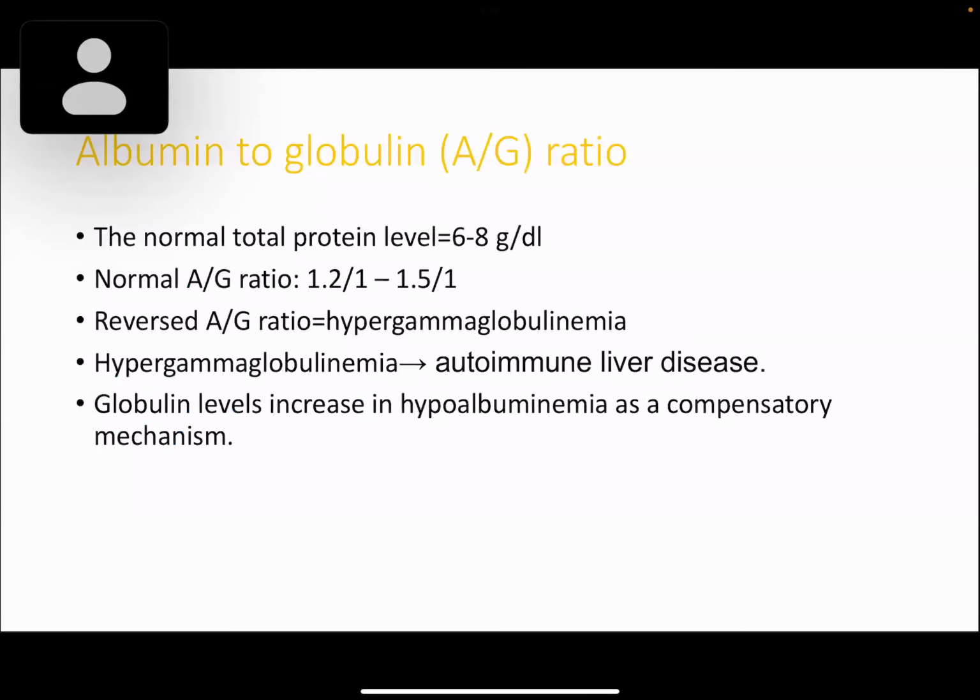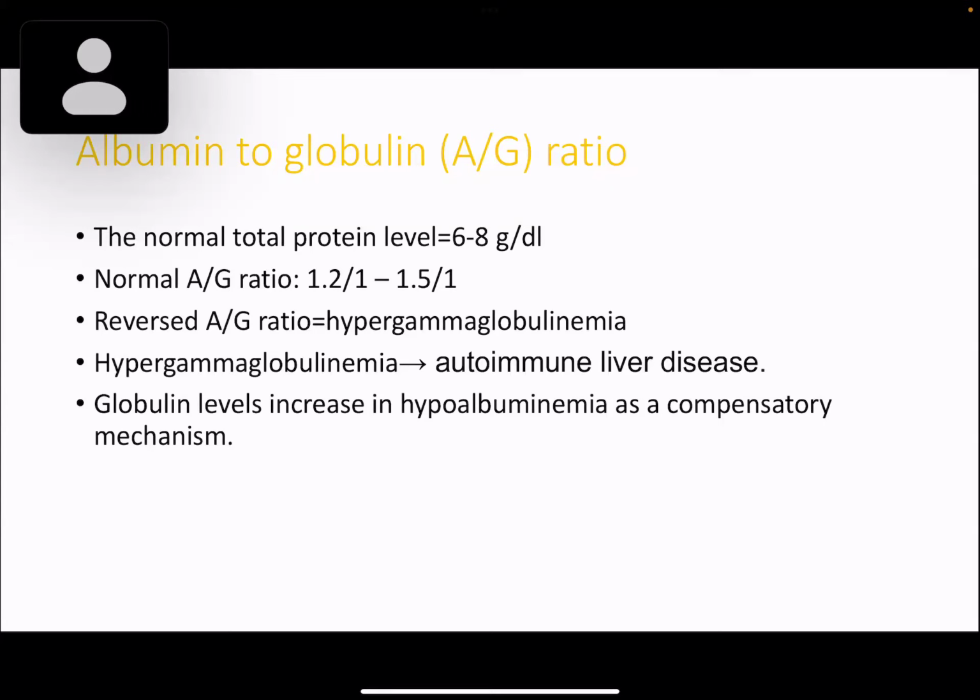Next, reversed albumin to globulin ratio. In the normal situation, albumin is abundant; the level of albumin is more than globulins.